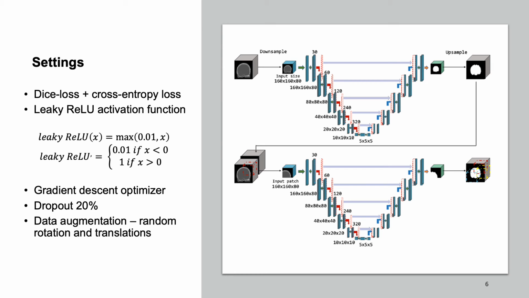The initial learning rate of the stochastic gradient descent was 10 to the minus 2 with a decay of 3 times 10 to the minus 5, and the training was terminated due to no further improvement of the validation loss. We used random rotation and random translations for the data augmentation.